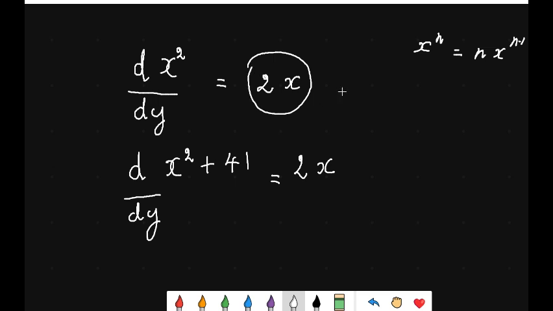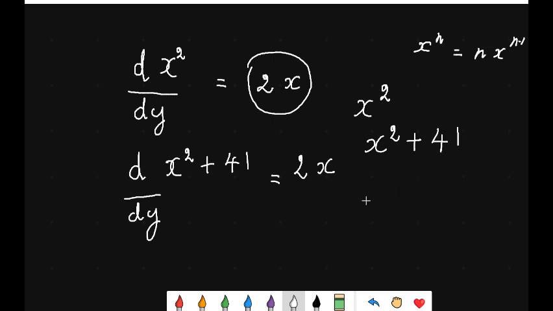Can you find the function? You get what I'm saying, right? So in this case, I can find the function, because if 2x is the derivative, then I know the original function is x squared in the first case. What about in the second case? In the second case, I know it's x squared plus 41.